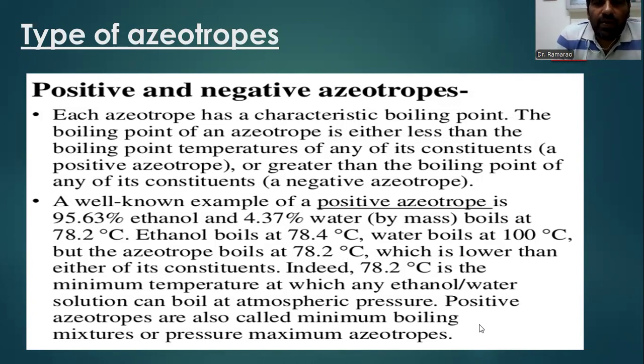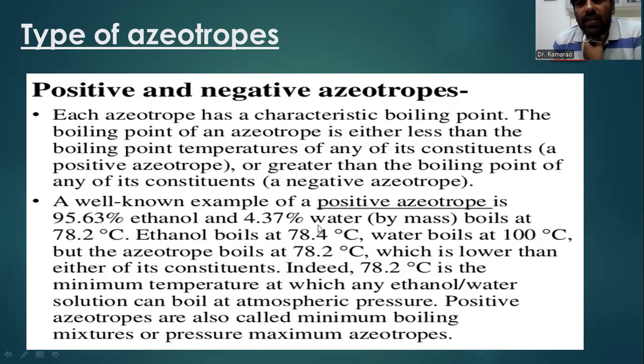For example, a positive azeotrope is ethanol water: 95.63% ethanol and 4.37% water boils at 78.2. Positive means the azeotrope boils below the boiling points of the constituents.